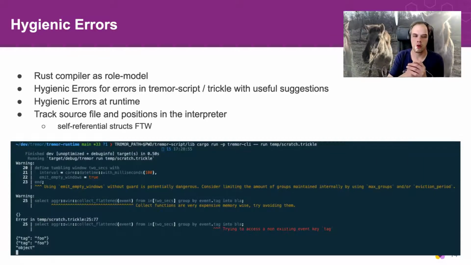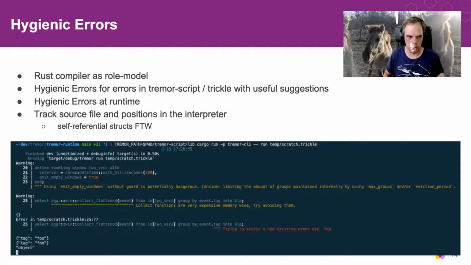What we have is, when we load scripts, we interpret them and construct an AST, basically some format that the interpreter can run, and we emit errors here. So when we load your scripts, we also have hygienic errors at runtime.